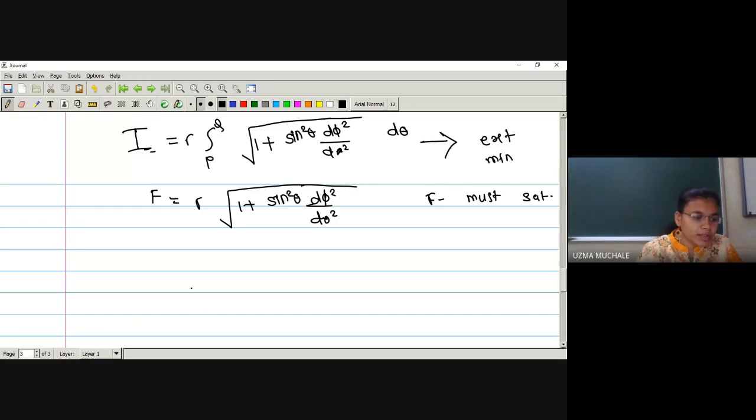If you are confused with theta and all, what we will do is write it like this: here it is dou f. Okay, can you tell me now what will be dou f by dou which term, and here also, which is equal to 0?